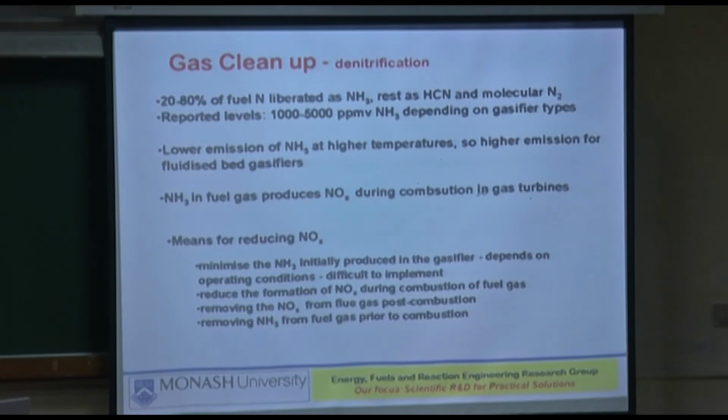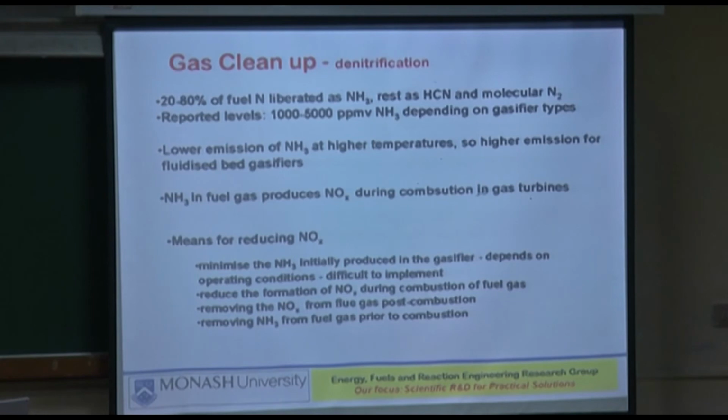I'm serious. The reported levels, depending on the gasifier types, are 1,000 to 5,000 ppm by volume of ammonia, so it's quite huge. Of course, there will be lower emission of ammonia at higher temperature because ammonia can be thermally cracked.